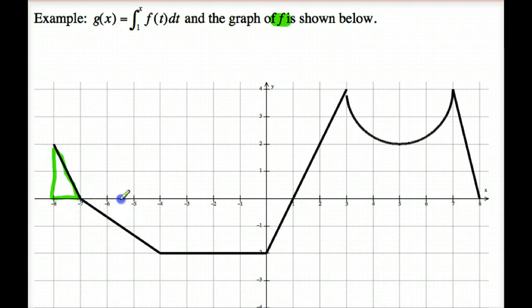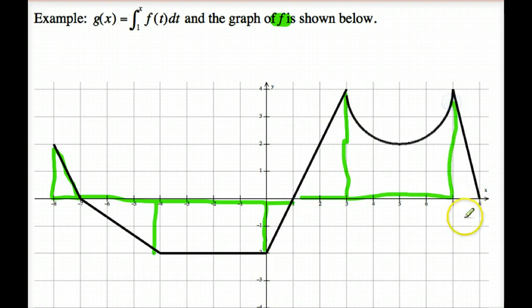I have another triangle right here. I have a rectangle right here. Triangle, triangle, oops, sorry, one of those rectangles where I have to subtract the semicircle, and then another triangle right here.